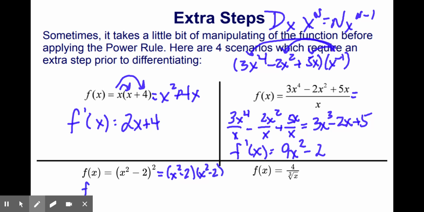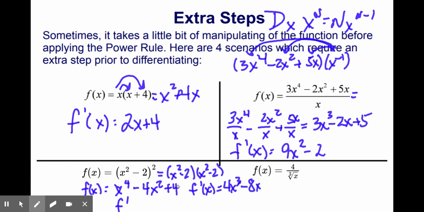Okay, so f of x would be x to the fourth minus 4x squared plus 4. So I'll do it up here. So f prime is 4x cubed minus 8x plus 0, right? Derivative of 4 is nothing. So there's my answer for that one.